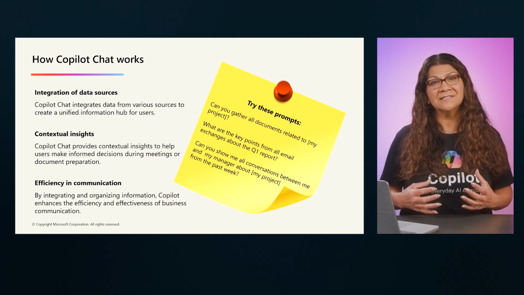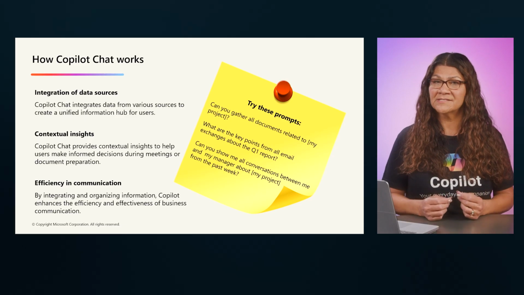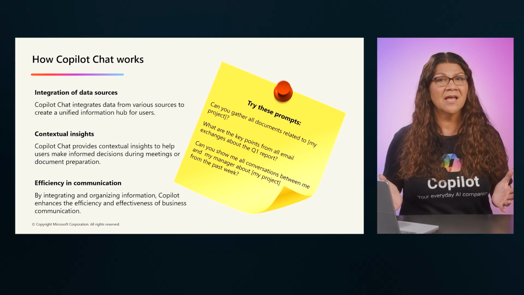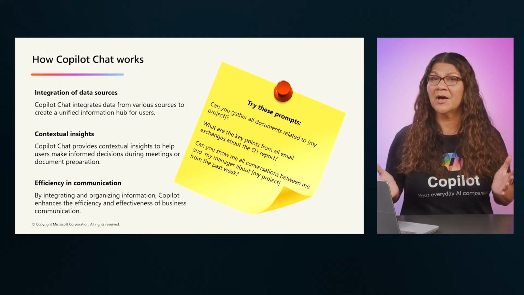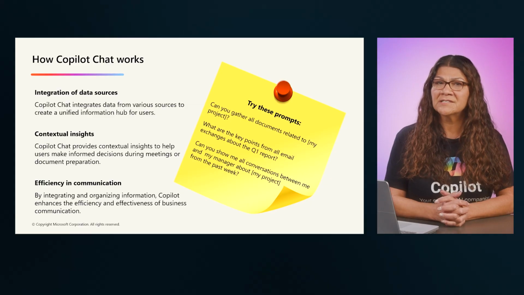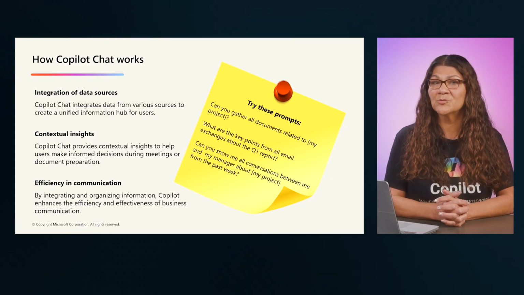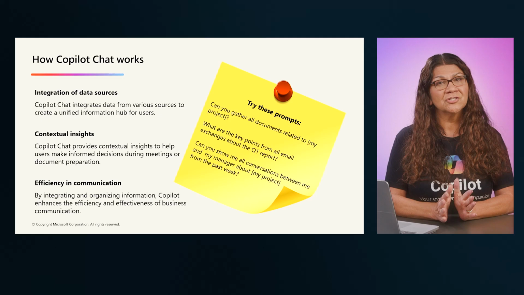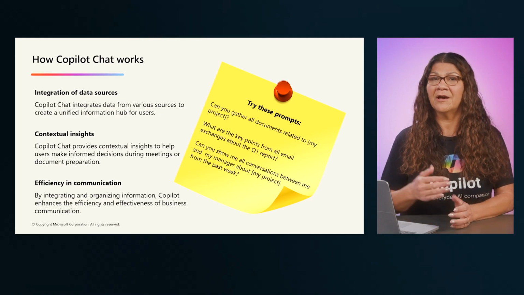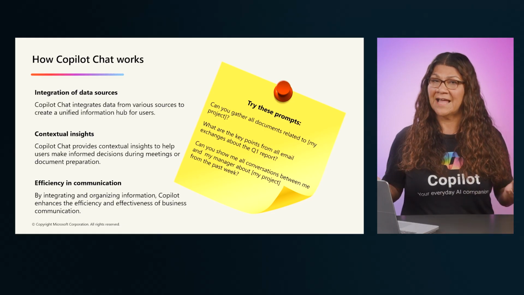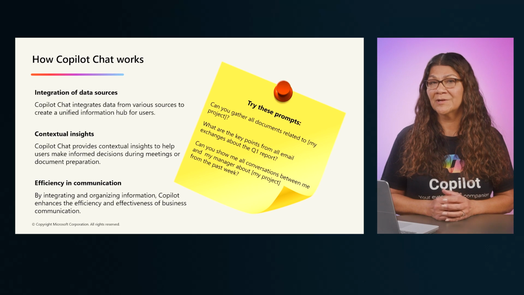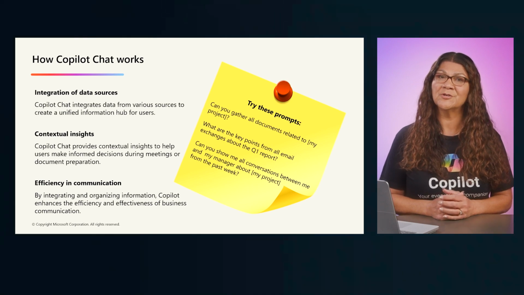By pulling in context you may have forgotten or missed, Copilot enhances both your efficiency in communication and your ability to respond confidently with a full picture. A best practice is to use prompts that reference recent interactions, like, "Show me all conversations between me and my manager about," and you can name the project, "in the last week." So Copilot can surface the most relevant insights and streamline your workflow.